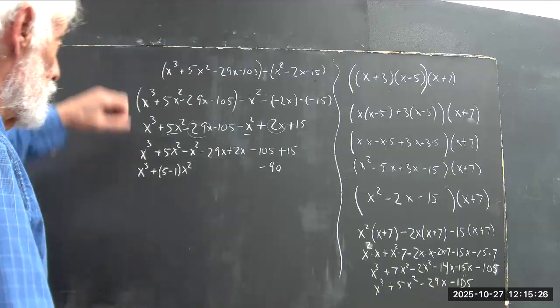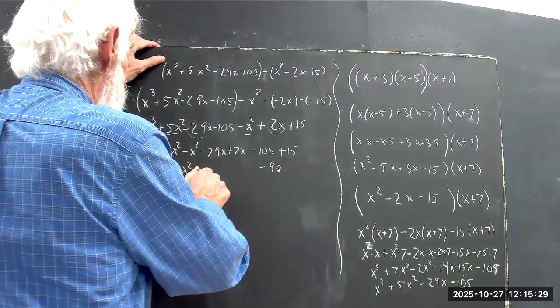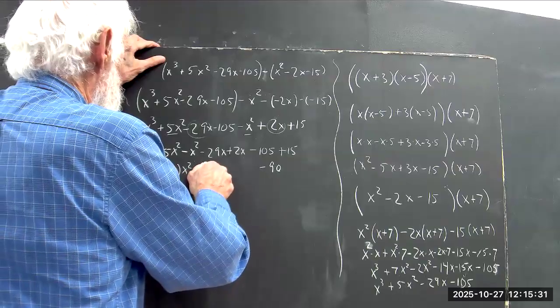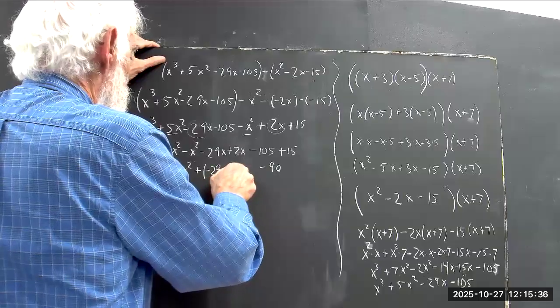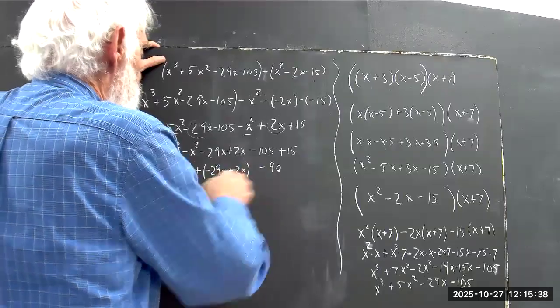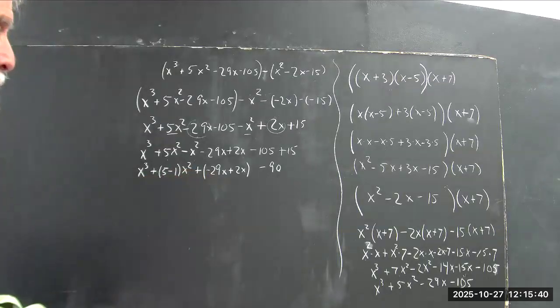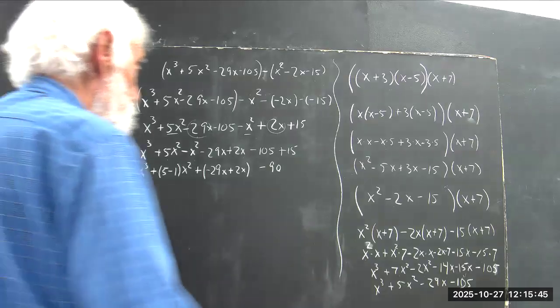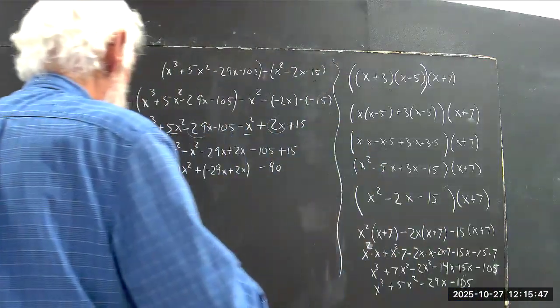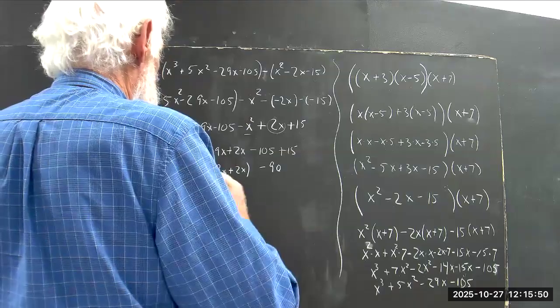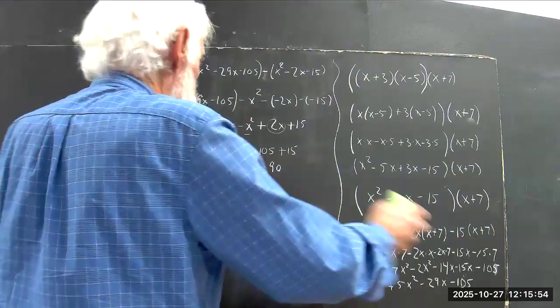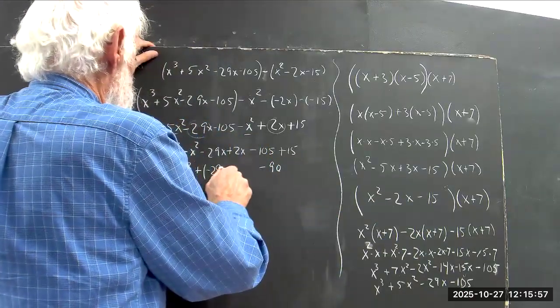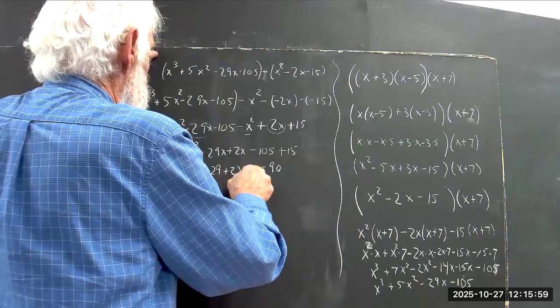Okay. And then this is, I'm going to say plus negative 29x plus 2x. Well, actually, I want to write that. What I wrote is incorrect. It's negative 29 plus 2 times x.